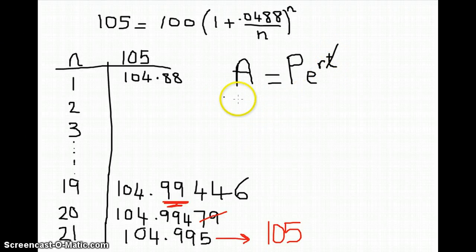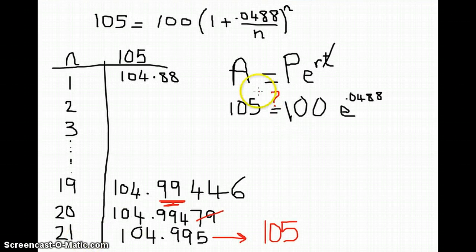And that year we said that we're going to get 105, depositing 100, P e^(rt), and t, we said it's 1 year. So if I plug the stuff in correctly, I have 100 e to the power of the interest rate.